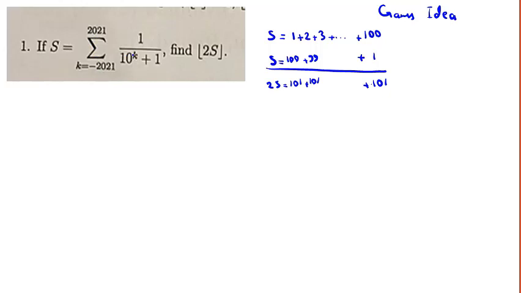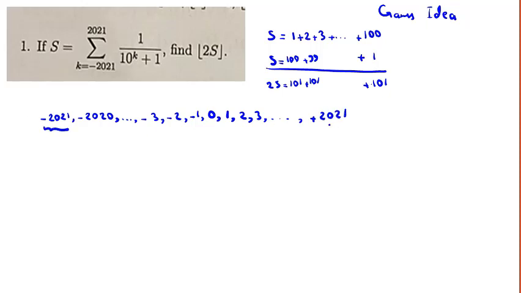So here, as you can see, k can be from negative 2021, negative 2020, up to, for example, negative 3, negative 2, negative 1, 0, 1, 2, 3, to positive 2021.